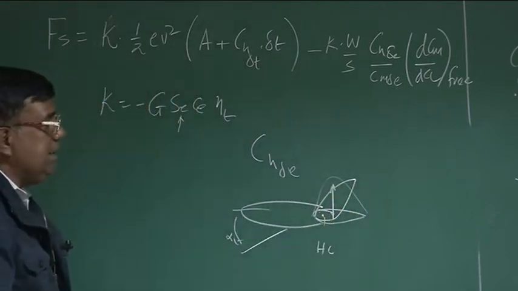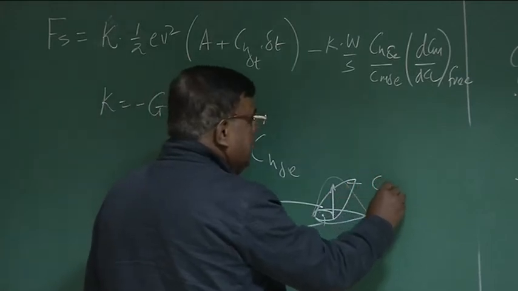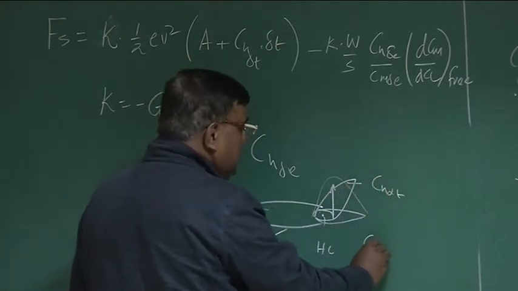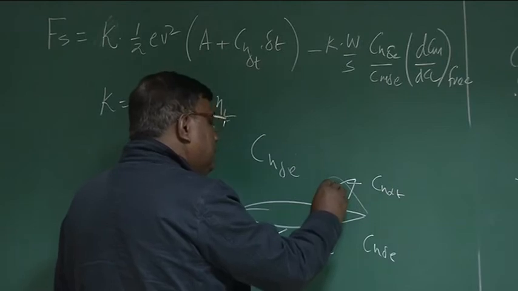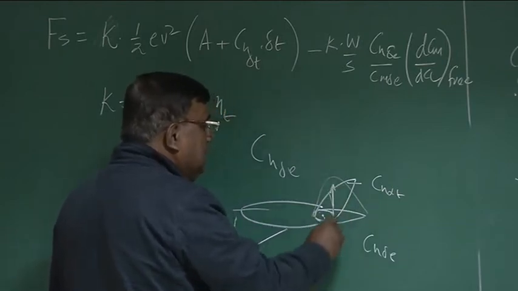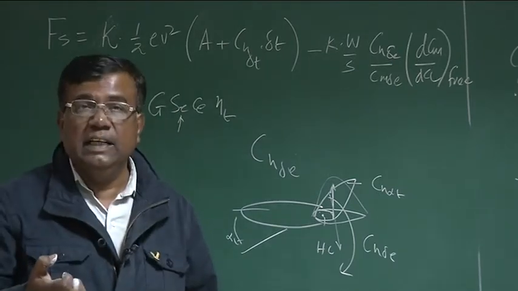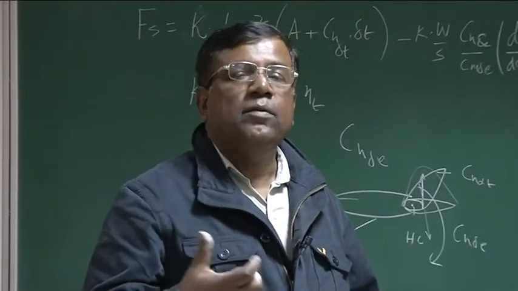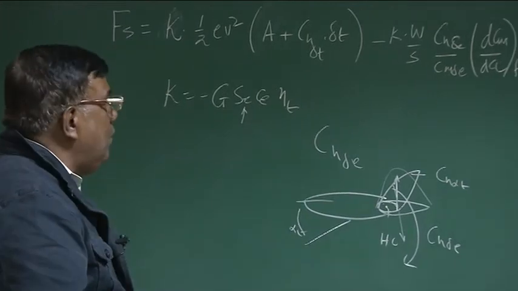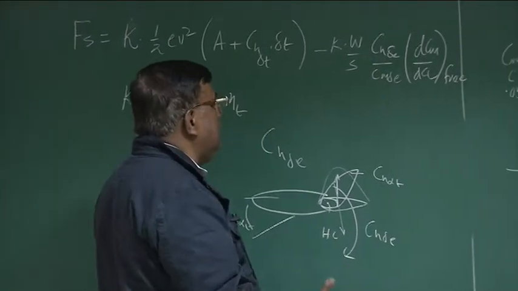That is the effect of CH alpha T, right? But what will CH delta E do? As it goes up, it generates a force towards down, so it tries to resist. So CH delta E is the restoring hinge moment. CH alpha T is the floating hinge moment, which tries to float the elevator.